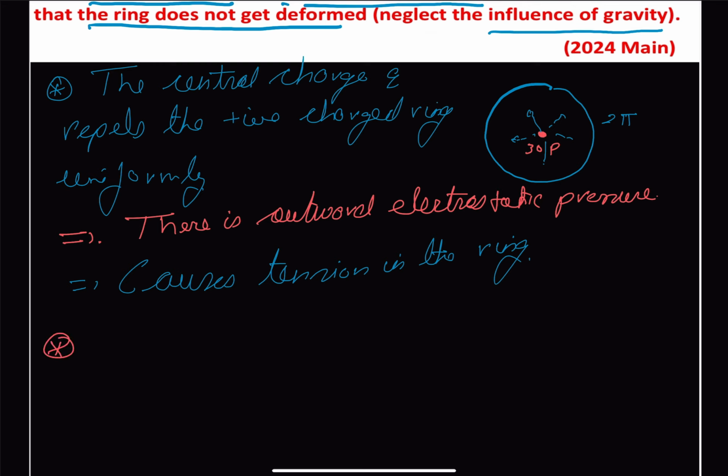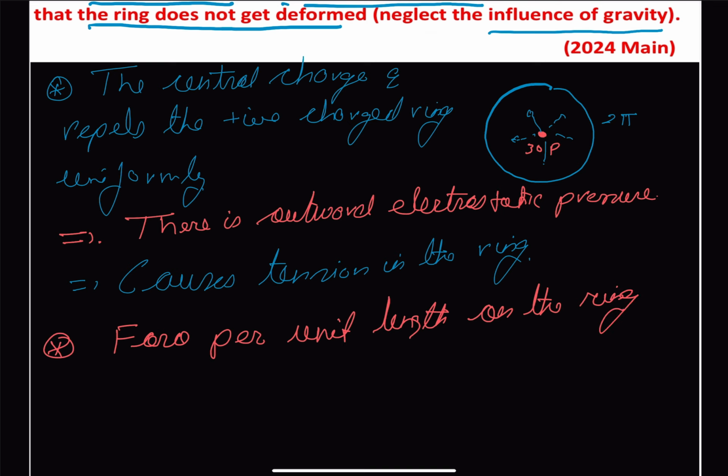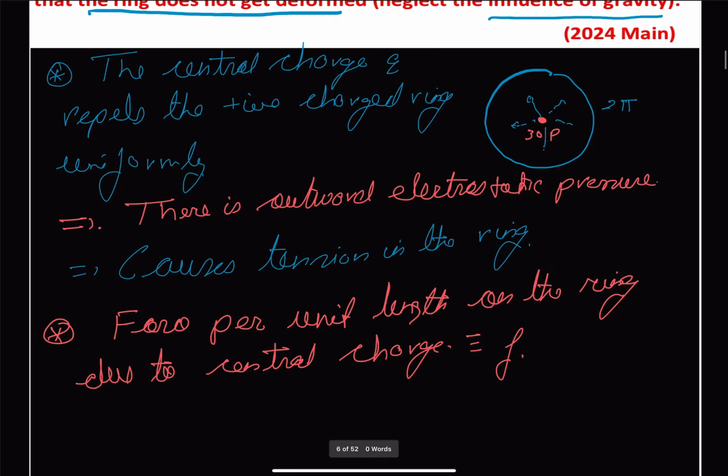So you can say force per unit length on the ring due to central charge, and that force is represented by small f.